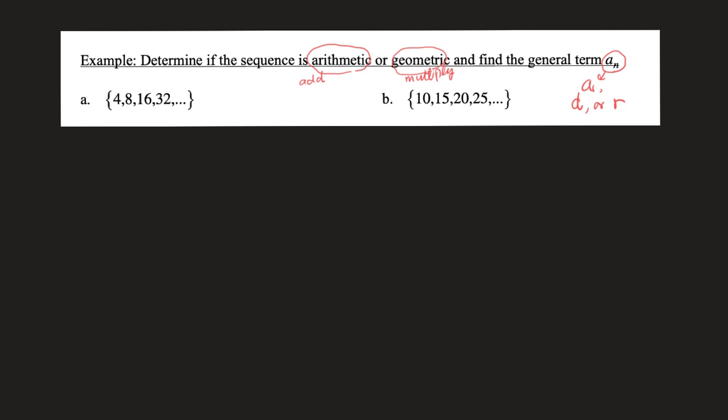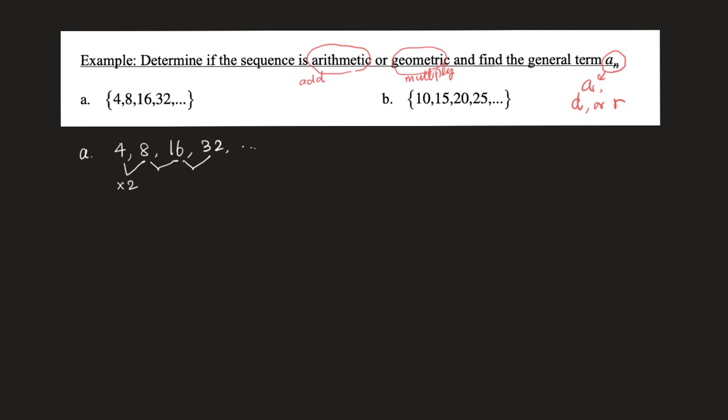So let's go with the first one right here. 4, 8, 16, 32. What kind of pattern do you see, guys? 4, 8. 8, 16. 16, 32. Times 2 each time, right?